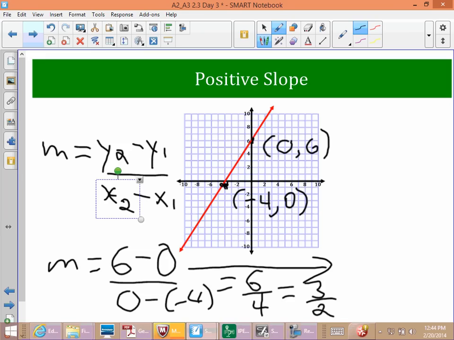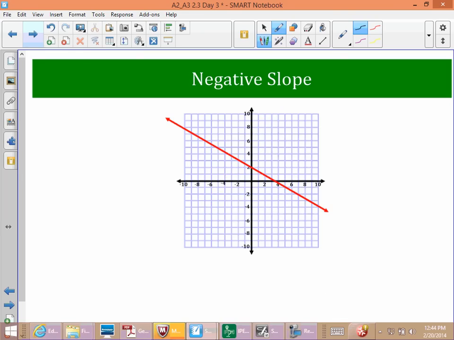So same thing for negative. Okay, so I'm going to use different points on the line here. Let's say I'm going to use this point here, and we're going to say that this is the point (-5, 5).